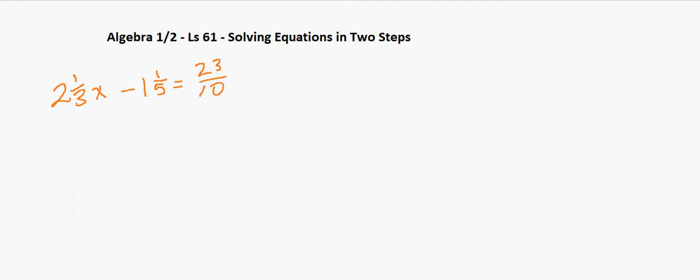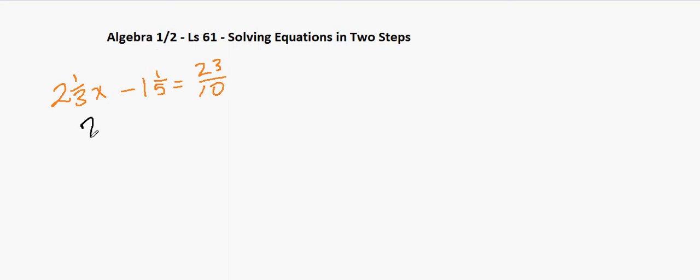What do I do first? You could do a couple things first. We could start with the same process that we've always done and start subtracting this. But for simplicity's sake, the book says when you've got these mixed numbers, why don't we turn them all into improper fractions right away?